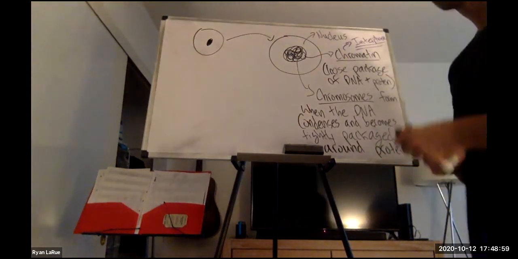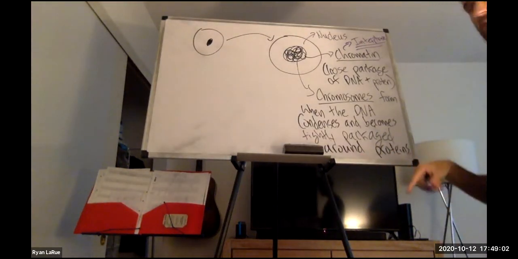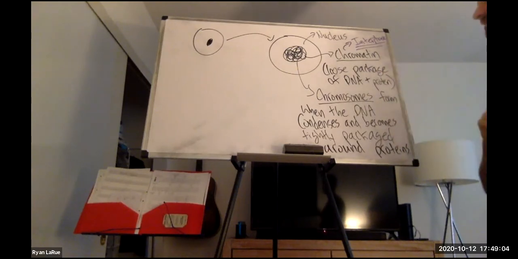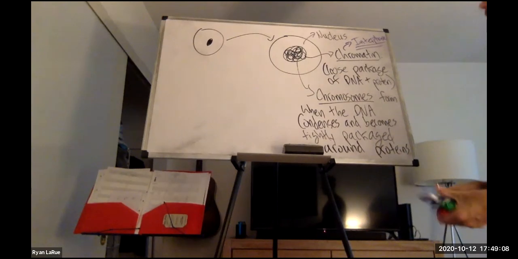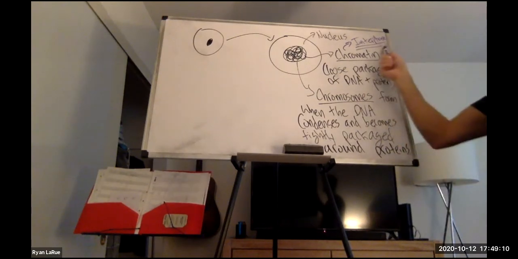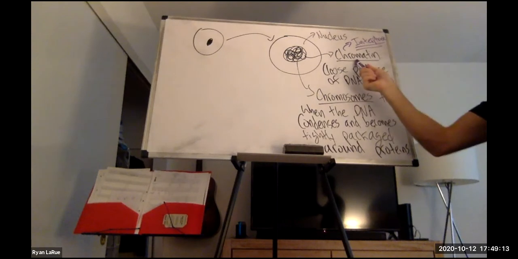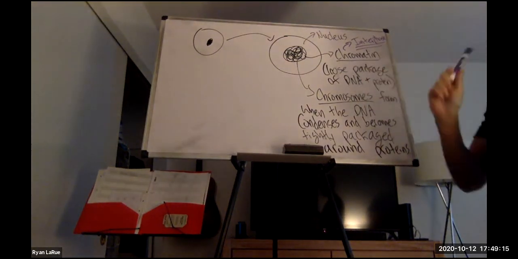And we'll actually talk about the cell cycle in this lecture. And so we'll definitely address interphase, which is part of the cell cycle. So whenever the cell is in interphase, the DNA is in this chromatin uncondensed form.